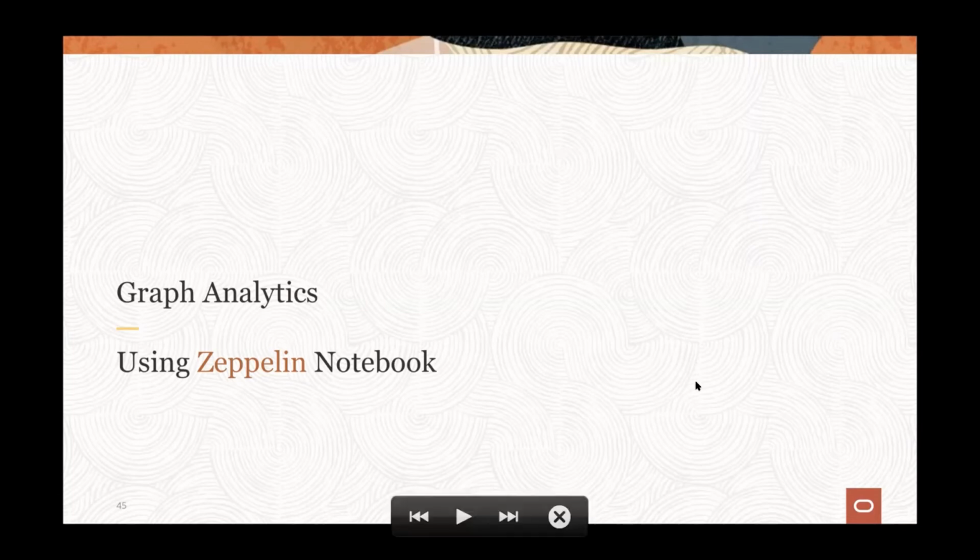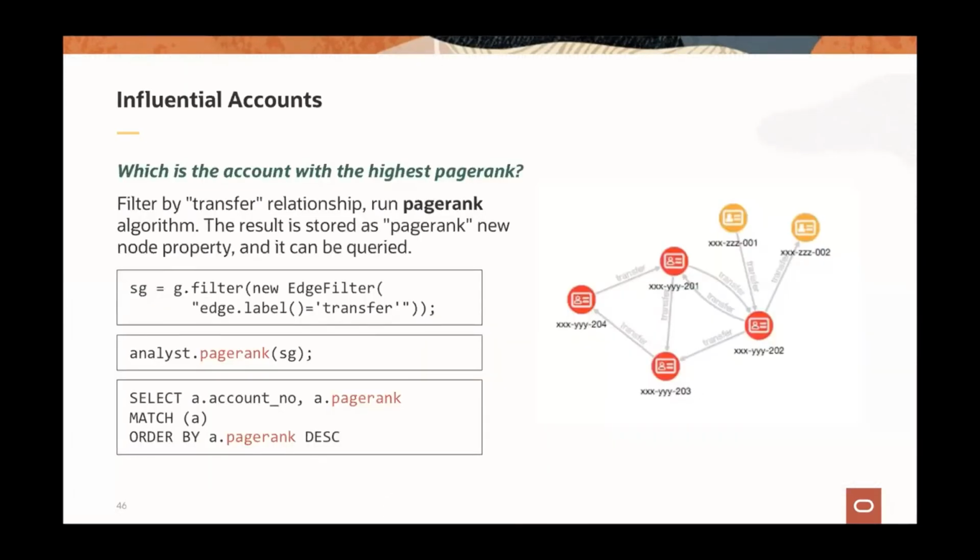For example, the question is, which is the account with the highest PageRank in this small network? This is a money transferring network, and we want to filter by transfer relationship to get this small graph and run PageRank algorithm to score the importance of those nodes.